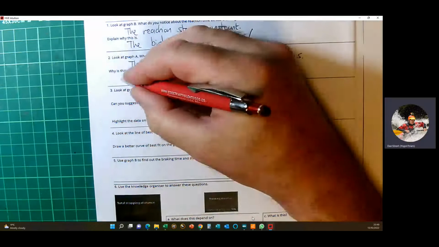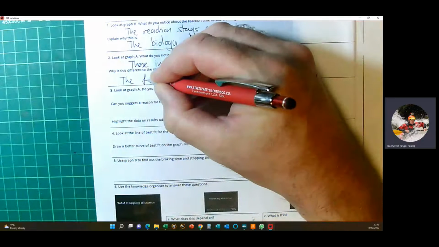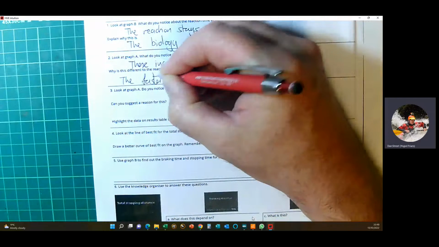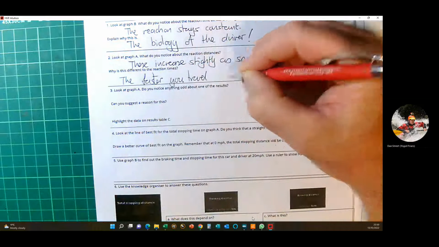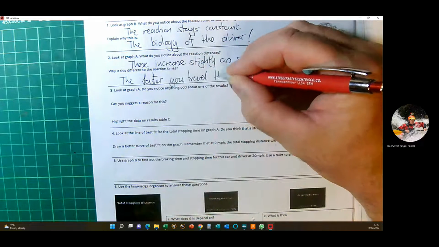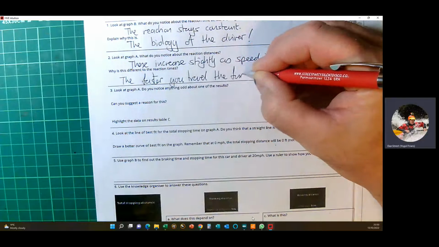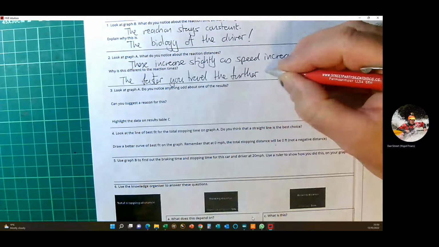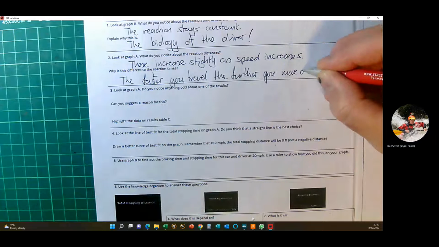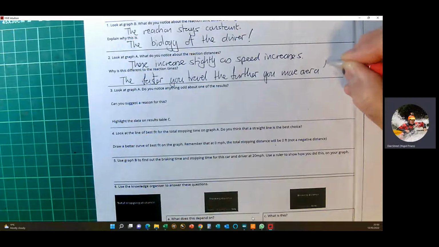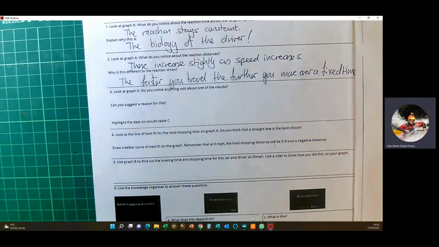And this is because the faster you're going, the further you move over a fixed time. So the reaction time is fixed, but if you're traveling fast, then you will travel further than if you are traveling slowly.